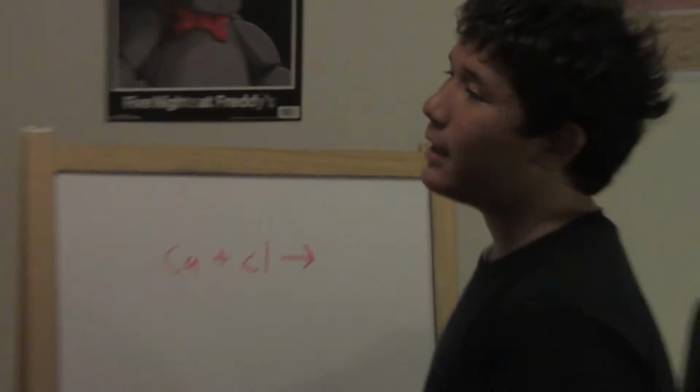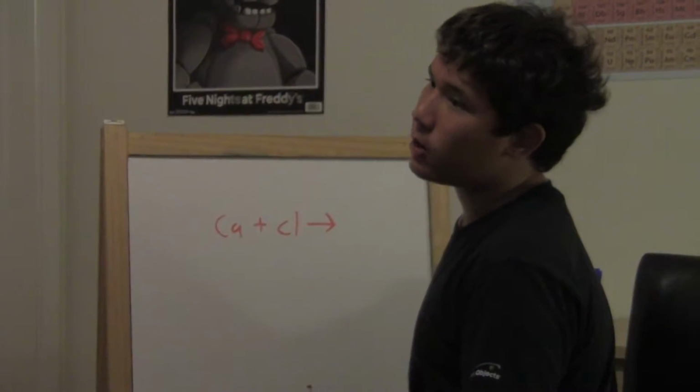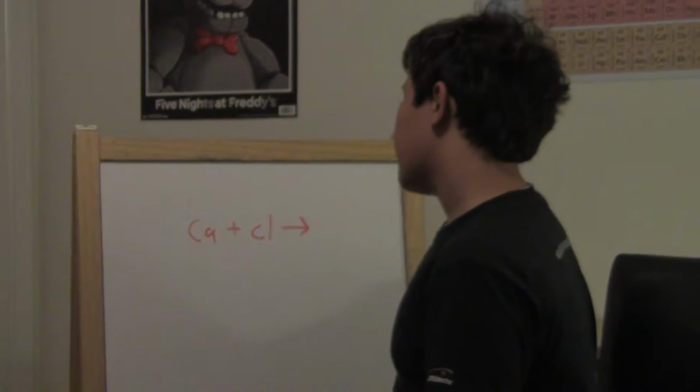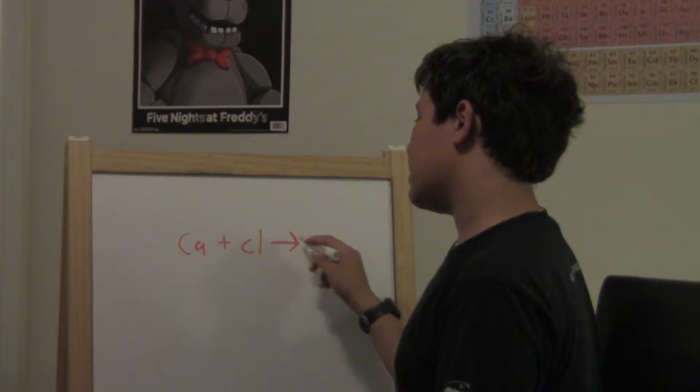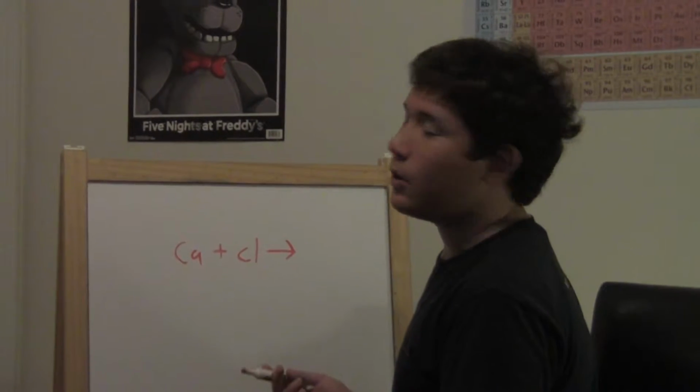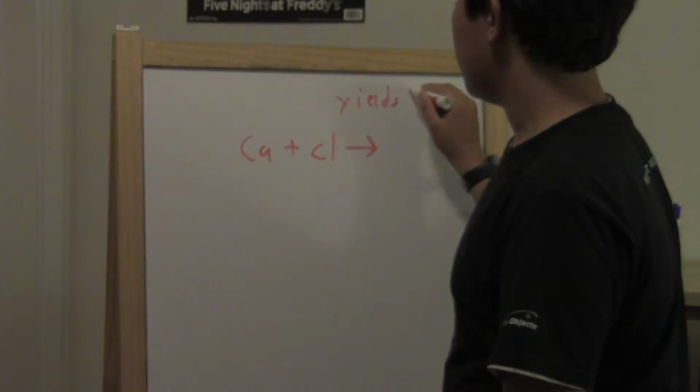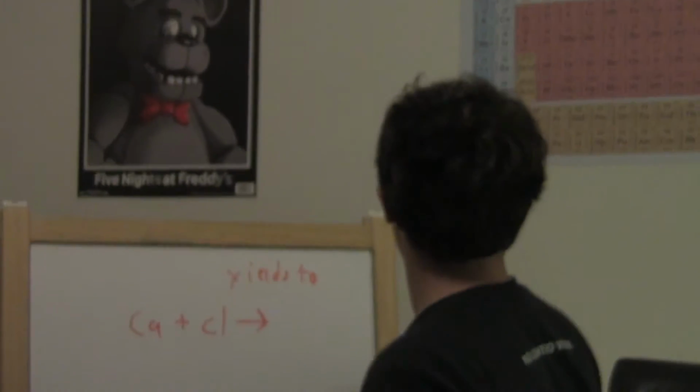But note, unlike mathematical equations, which most of us are familiar with, instead of an equal sign we use this arrow, which means yields to.